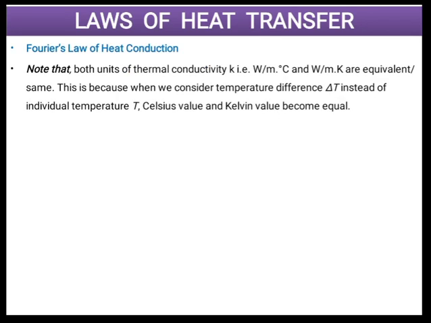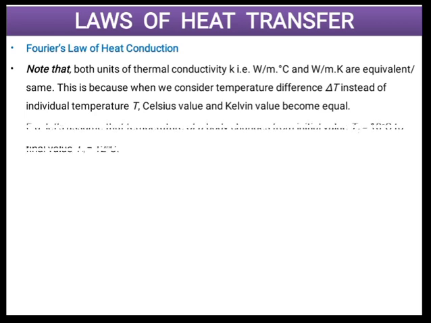Like I said, note that both the units of thermal conductivity k, that is watt per meter degree Celsius and watt per meter Kelvin, are equivalent or the same. This is because when we consider temperature difference delta T instead of individual temperature T, then the Celsius value and Kelvin value become equal. For example, let us say the temperature of a body changes from 10 degrees Celsius to the final value 12 degrees Celsius.